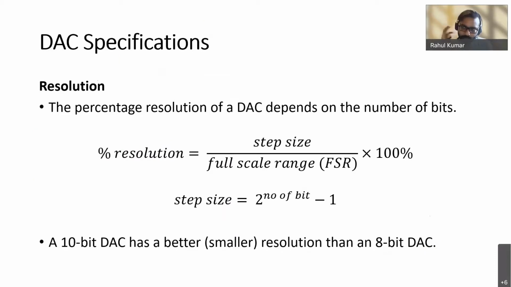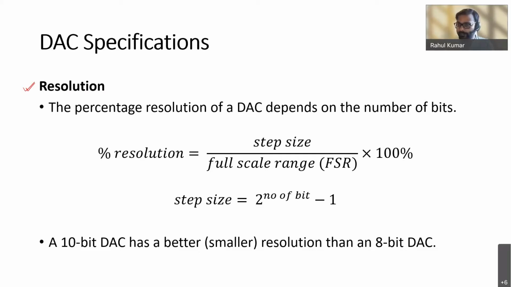Now, to quickly discuss some of the specifications of this DAC. The first specification is the resolution of the DAC, right? So it is the percentage resolution of a DAC.